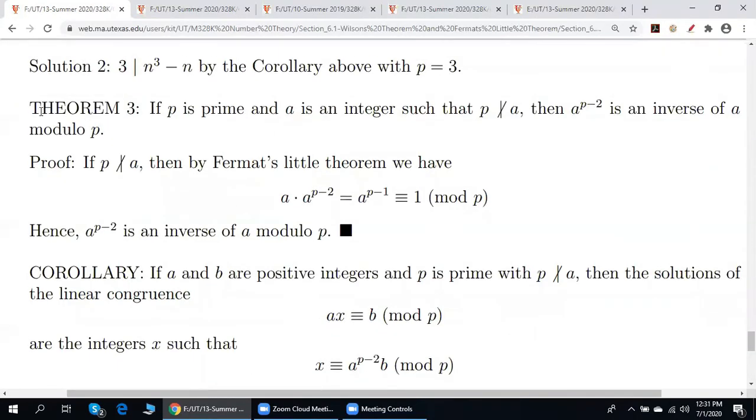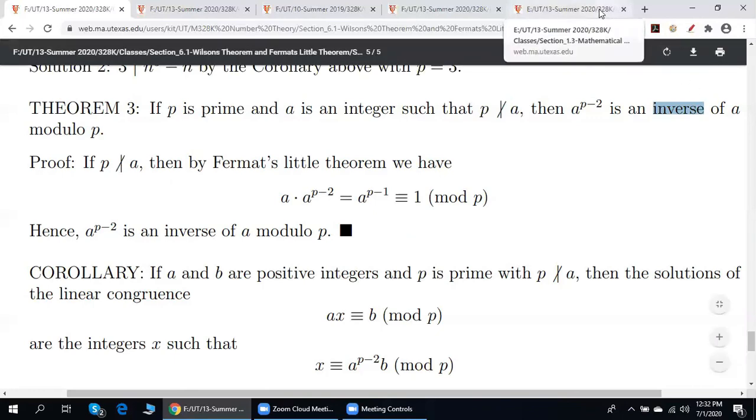Next, Theorem 3. Theorem 3 says the following. If P is prime and A is an integer such that P does not divide A, then A to the power P minus 2 is an inverse of A modulo P. So, first of all, let me remind you what is inverse.